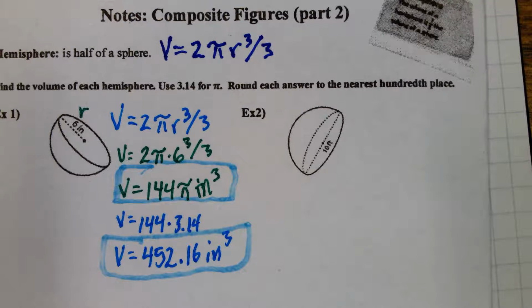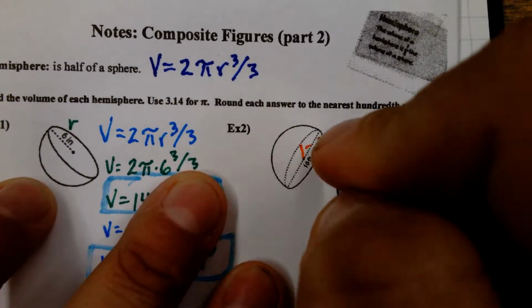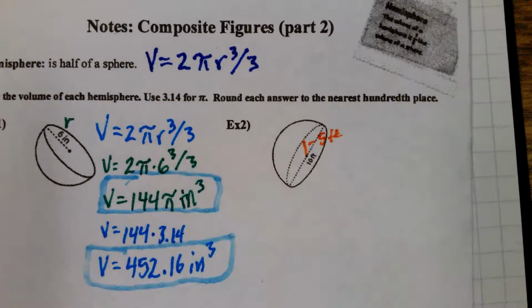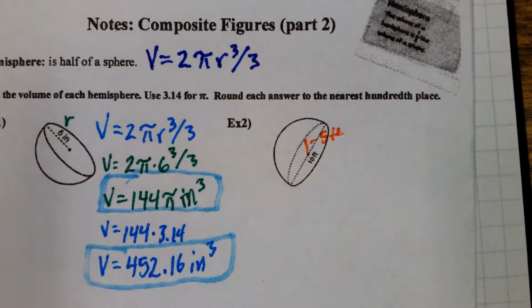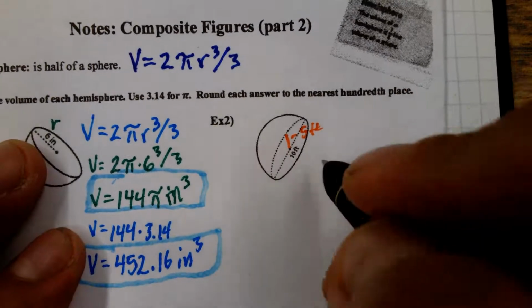Okay, let's try the second one. So we got a diameter of 10. So what's our radius in this one? It's 5 feet. It's going to be 5 feet. So let's use that formula again. But we're going to use 5 for the radius.